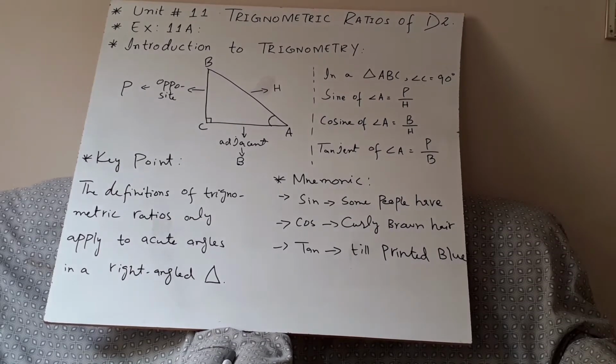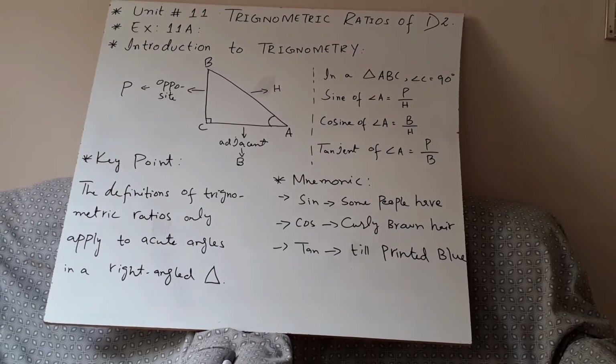The side which is adjacent to that acute angle, which is AC, is known as adjacent, and I am representing it with capital B. I am saying this is base. First thing will be cleared: the side which is opposite to the right angle is the hypotenuse, represented by capital H.